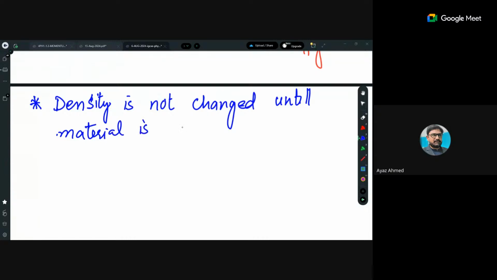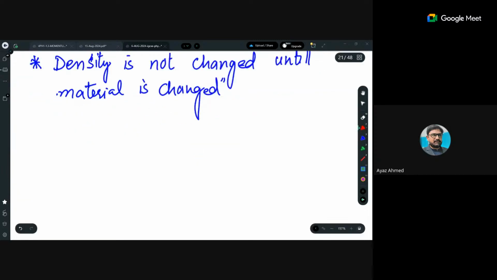Okay, is this clear to you? So when your material is changed, the value of density will be changed. But density can be converted from one form to another. So conversion of density is one thing. With one more thing I want to write here, on the basis of density tests, we justify that these are separate materials.